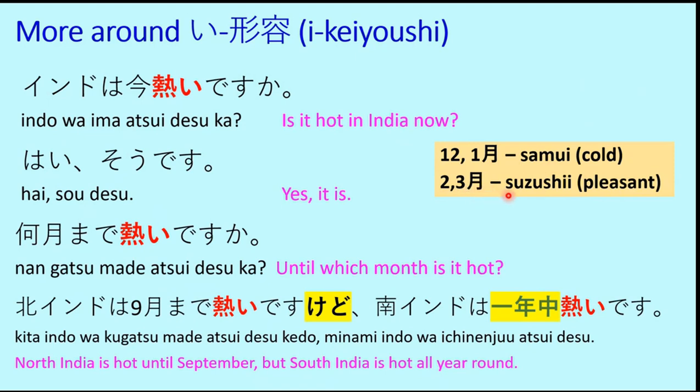So this is Suzushi, which means pleasant. So pleasant weather during February and March, Suzushi. Then May and June, this is Gogatsu and this is Rokugatsu. June and May, Atsui, hot, very hot during that time. So in this way, you can again practice this by replacing Atsui with Samui and Suzushi.